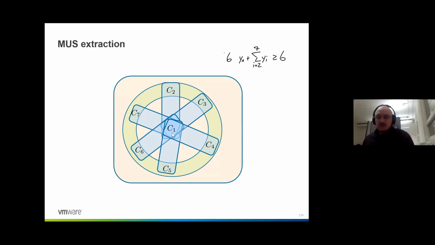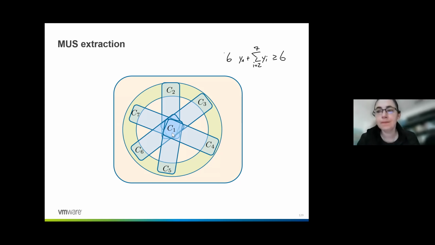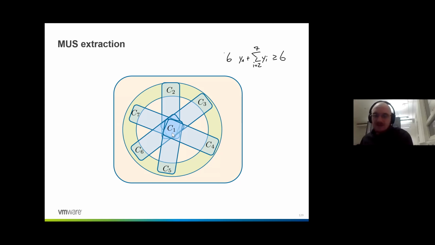Yes, but the hope that we have is that the pseudo-Boolean solver magically gives us back this constraint. The SAT solver might give you back the clause that has all of these variables, and maybe we happen to get something better back.